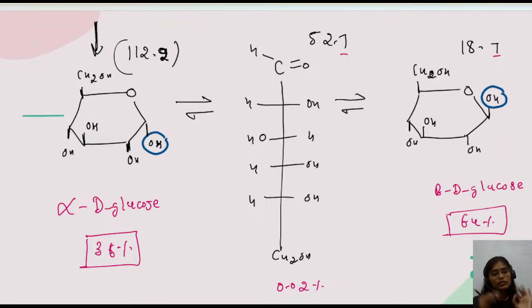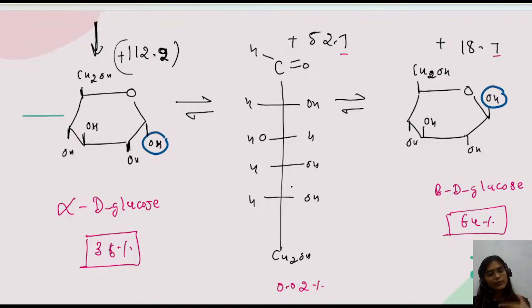Here the rotation is really important, and the number is also important; all are plus. This open chain is actually in equilibrium with both the closed chains. Why did some tests not come out positive, like the reaction with NaHSO3 or the reaction with Schiff's base? Because it's only 0.02%.